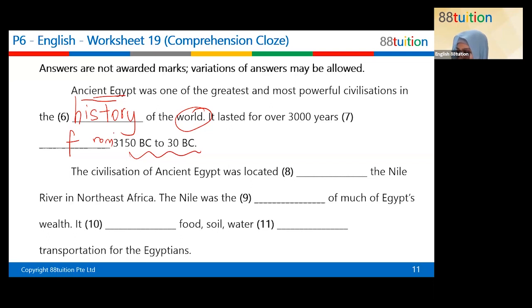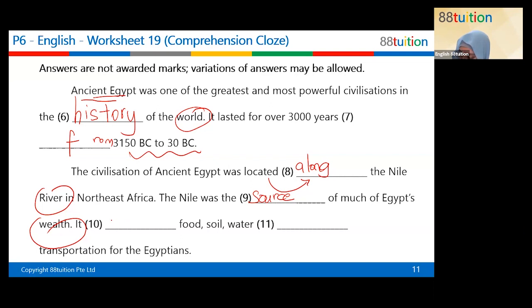So the civilization of ancient Egypt was located along, because located, and then it's a river. In Northeast Africa, the Nile was the what of Egypt's wealth? The source of much of Egypt's wealth.